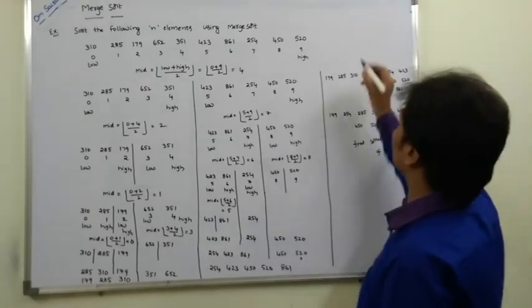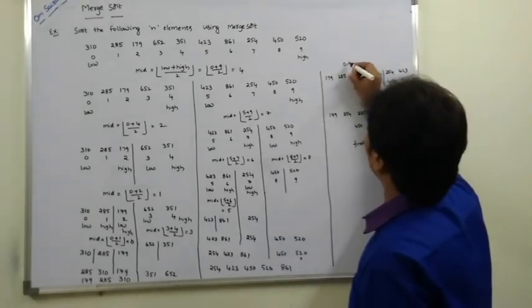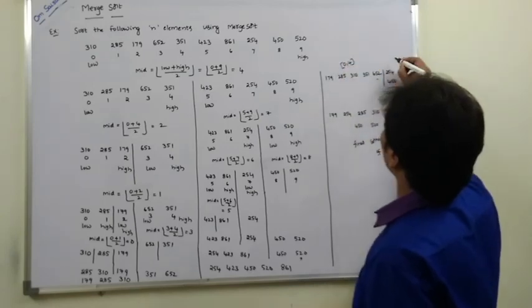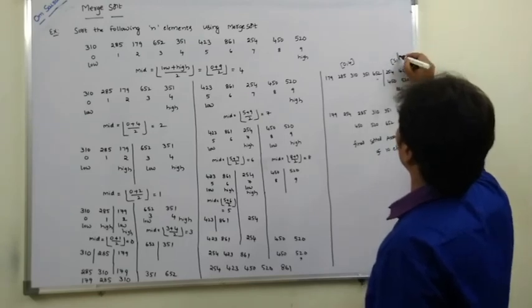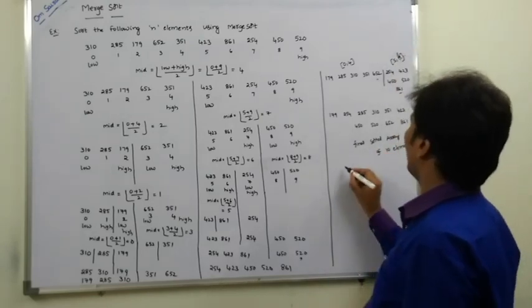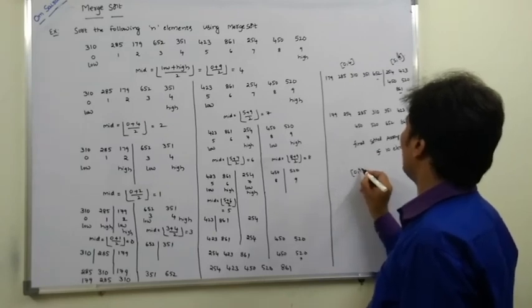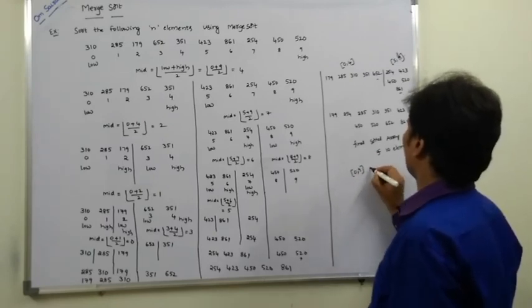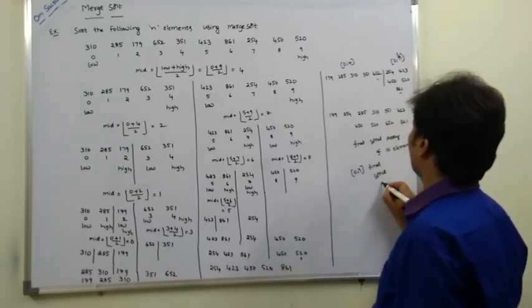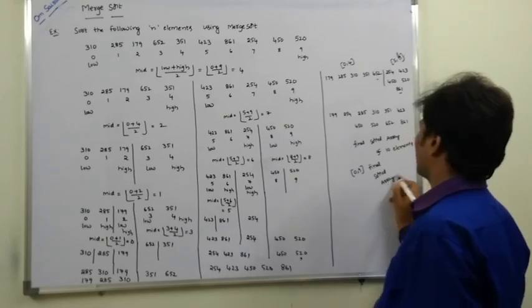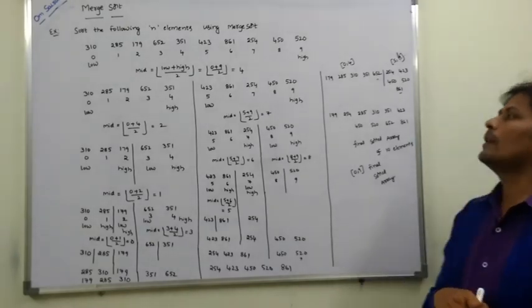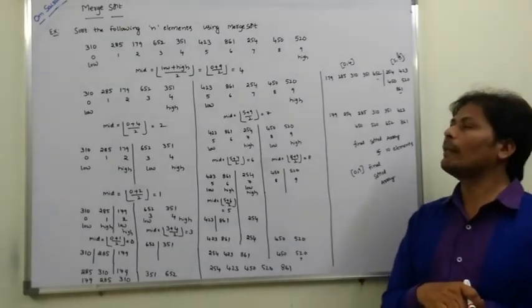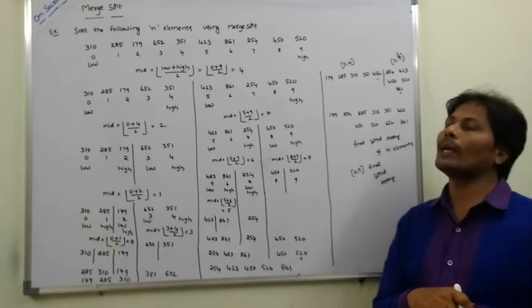And this part is 0 to 4 and this part is 5 to 9. So this is the final array, that is 0 to 9. Final sorted array. Okay. So this is the example of sorting the following n elements using merge sort by using divide and conquer technique.